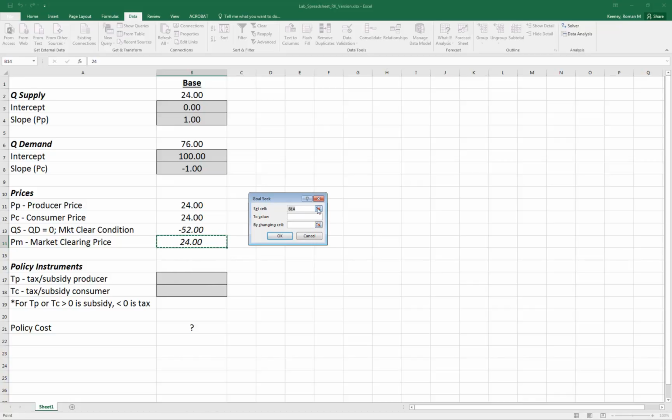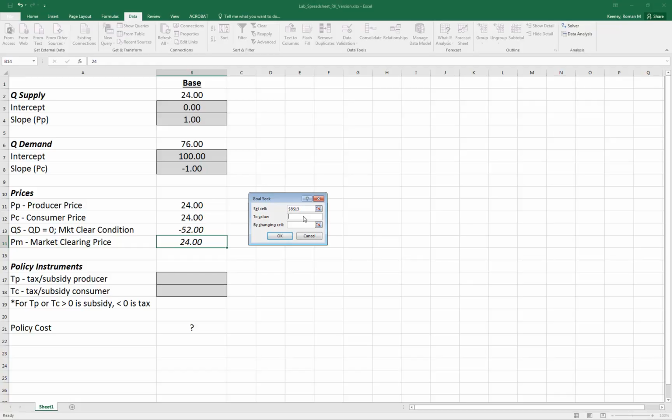It has come out with a bad entry here, so we don't want B14. We're going to click this button, and we're going to select cell B13, because that's the one where we have a goal in mind, right? We have a goal that the quantity supplied minus the quantity demanded has to be 0. We shouldn't have any excess supply or demand.